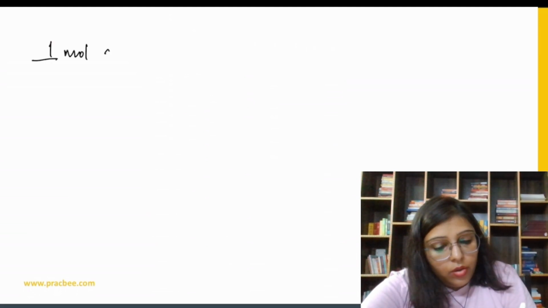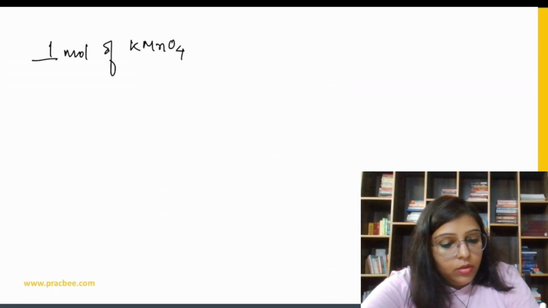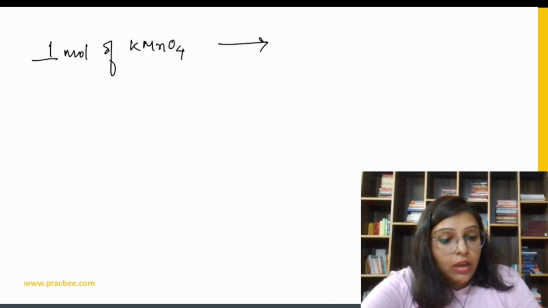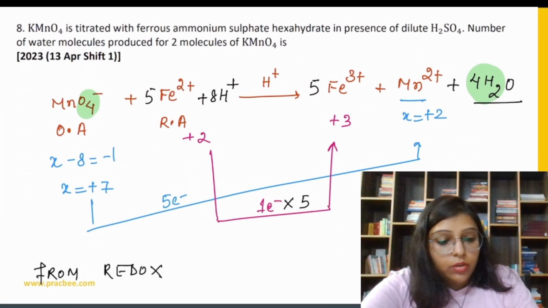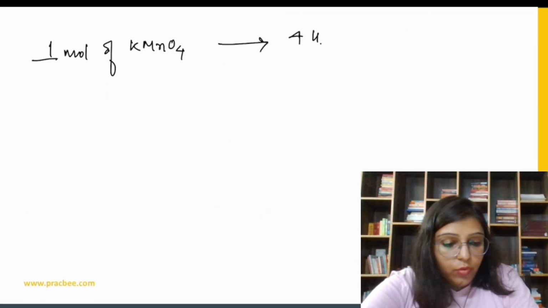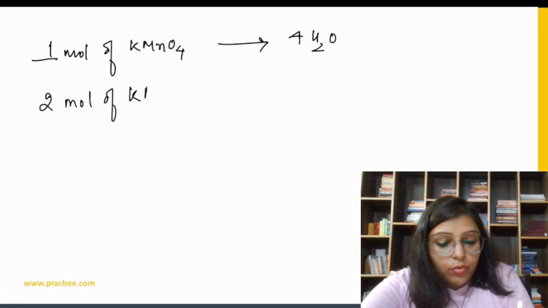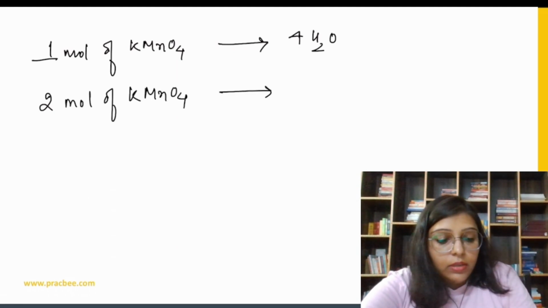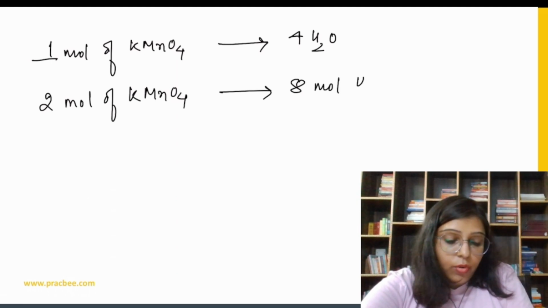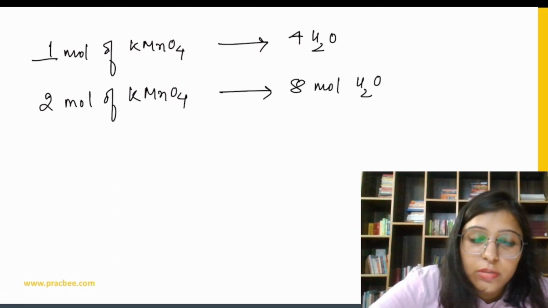So from this redox, 1 mole of KMnO4 gives 4 moles of water. So 2 moles of KMnO4 give 8 moles of water, or we can say 8 molecules of water.